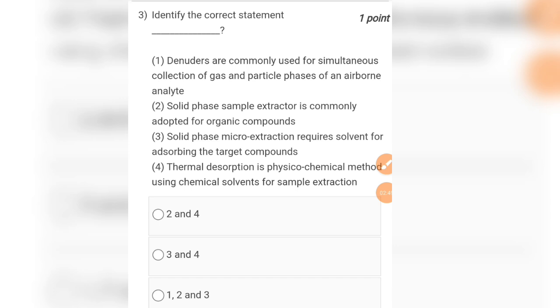Point 3 is solid phase micro extraction requires solvent for absorbing the target compounds, and the last statement is thermal desorption is a physico-chemical method using chemical solvents for sample extraction. So the correct answers will be statements 1 and 2. So the answer for question number 3 will be option D, that is 1 and 2.